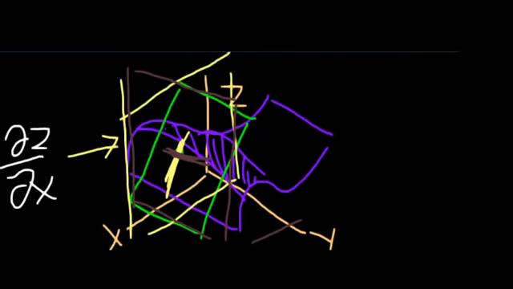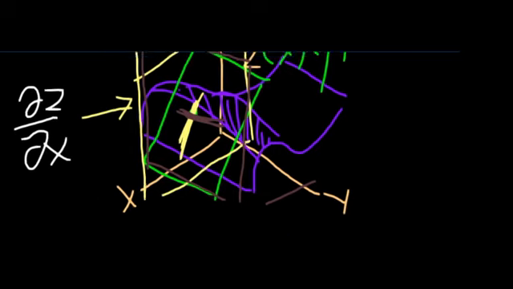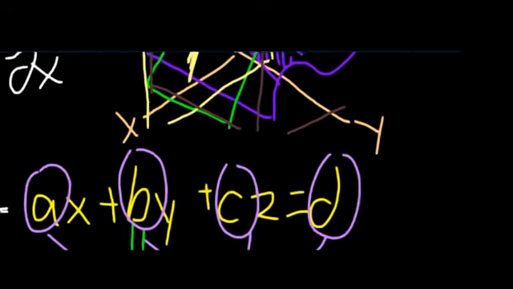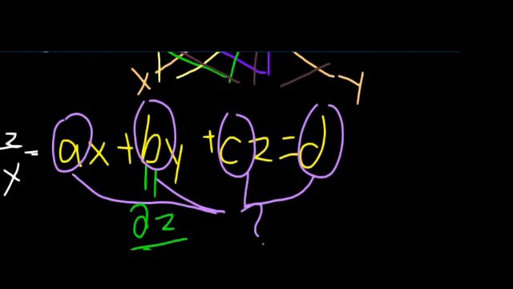Let's say z is a function of x and y. So this c is probably nothing, could be any other constant. Probably nothing special, so it could be just a constant.